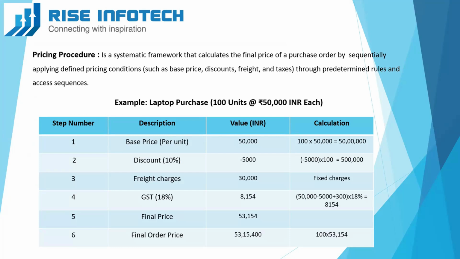So if you want to purchase a laptop, it is one scenario. A company wants 100 units of laptop. The price per laptop is 50,000. So the base price is 50,000 and the vendor is giving a discount of 10%, which is 5,000, and the freight charges from destination to source are 30,000, which is a fixed charge, and the government GST, the legal requirement, is 8,154.